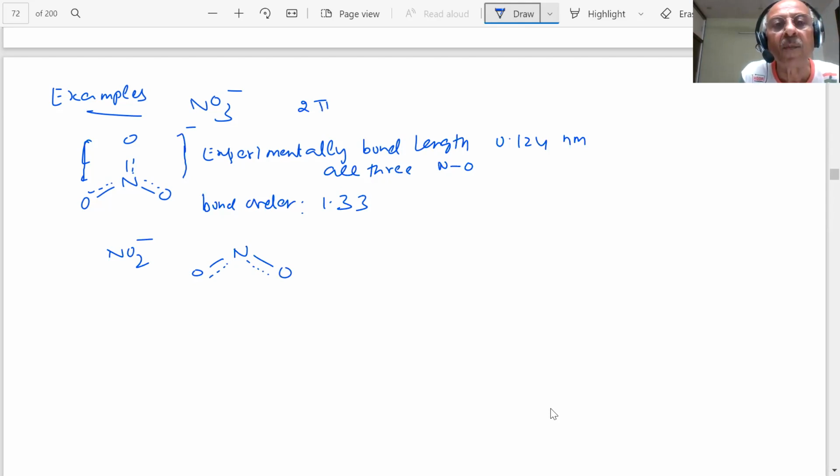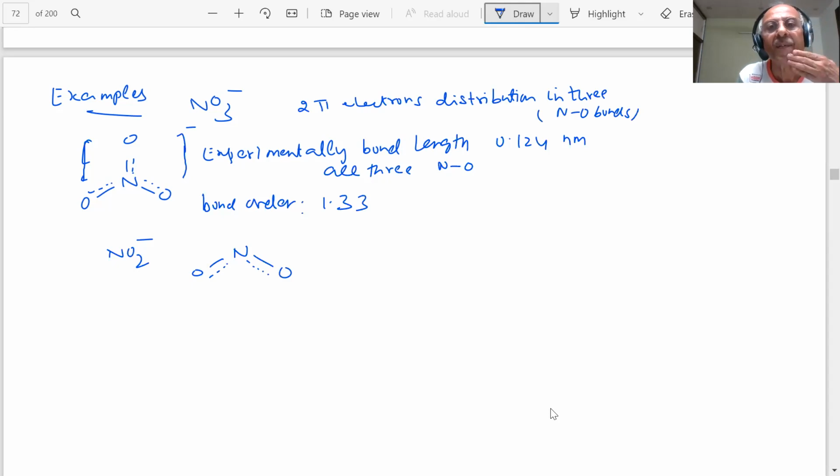The 2 pi electrons are distributed where? In 3 NO bonds. Is it right? How many are these? 3. And this is 1 pi bond. So 1 pi bond has 2 electrons. But in this case, what happened?